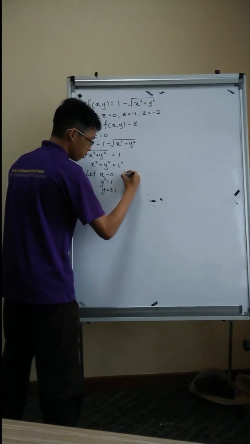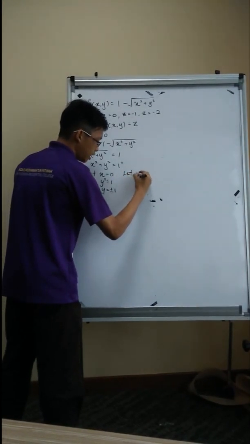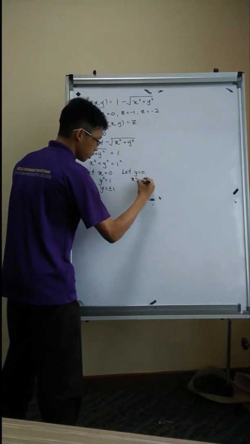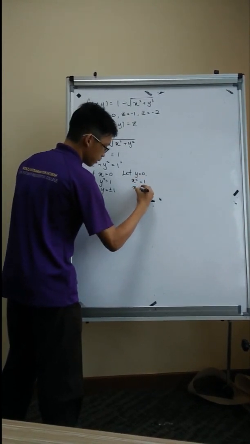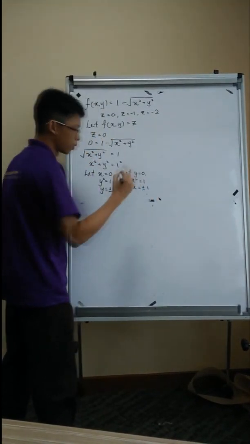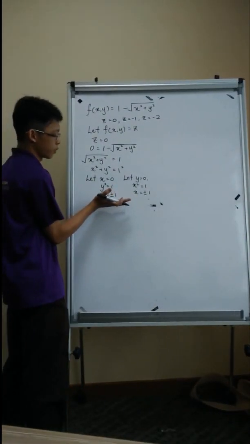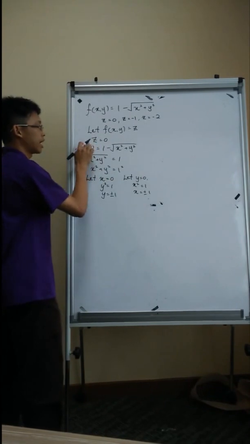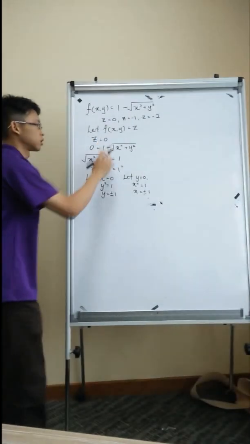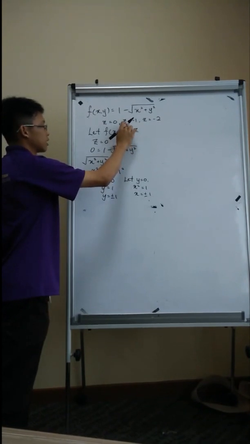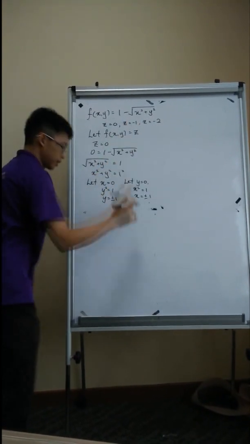Same thing, we let y equal to 0, x squared equal to 1, x will be equal to plus or minus 1. After we find out the values of x and y when z is 0, next we find when z is equal to negative 1.